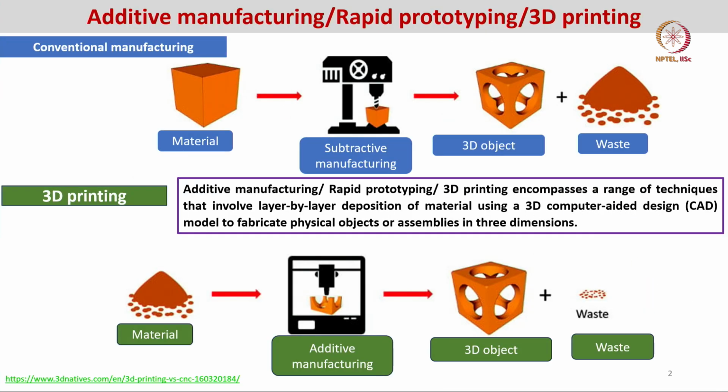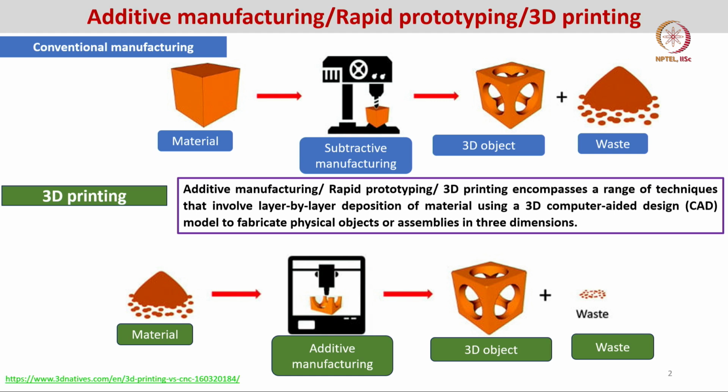I think quite a few lectures back we have seen this slide, and I thought that it is important for me to remind you of the fundamental definition of 3D printing and how it is different from conventional manufacturing.